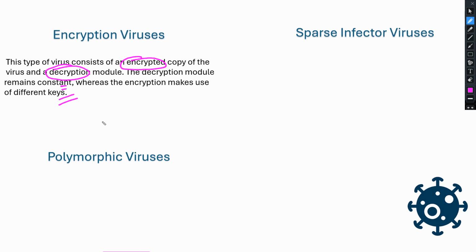The virus consists of a decryption module and an encrypted copy of the code which enciphers the virus. When the attacker injects the virus into the target machine, the decryptor first executes and decrypts the virus body. Then the virus body executes and replicates or becomes resident in the target machine.